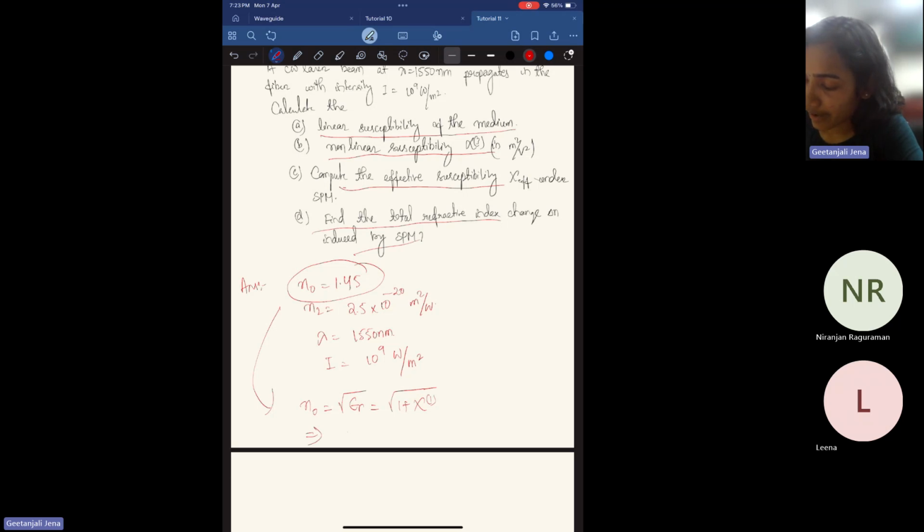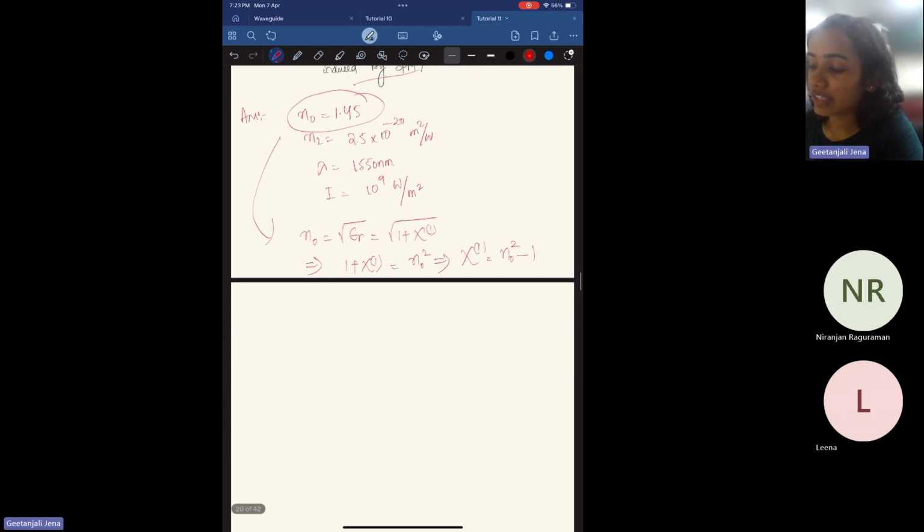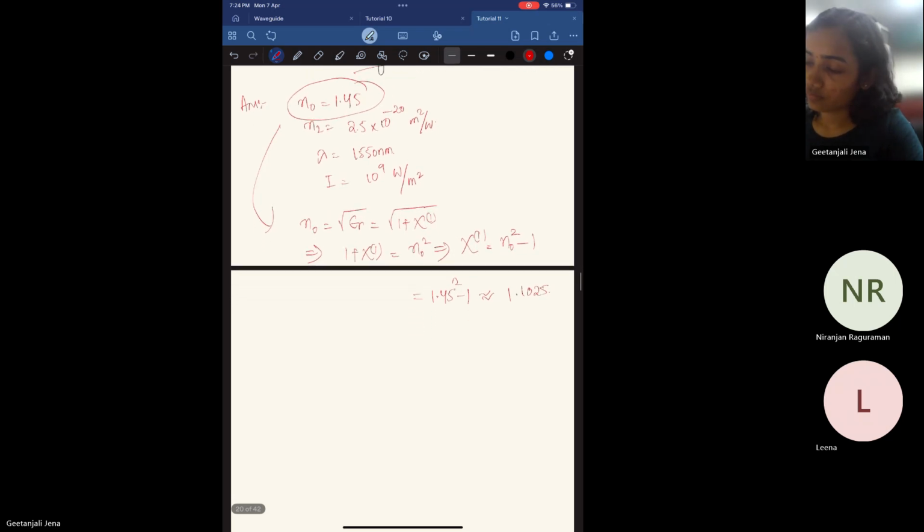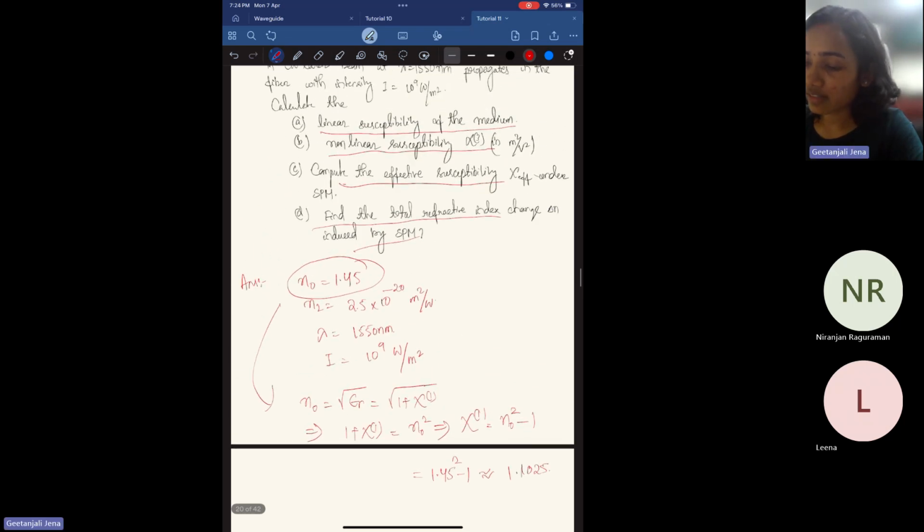That means 1 plus chi1 is n0 square, so chi1 is nothing but n0 square minus 1. This is the linear susceptibility, and n0 is 1.45, so this will give 1.1025.